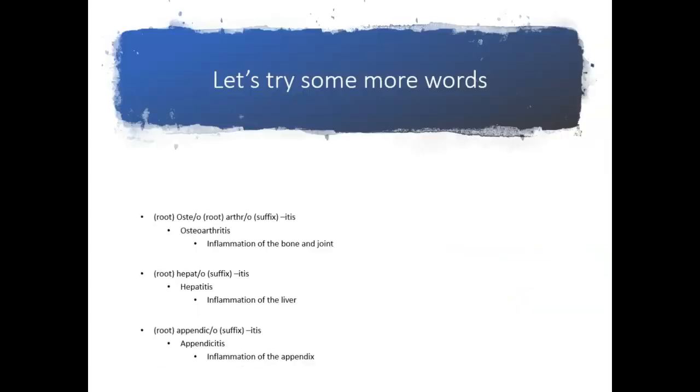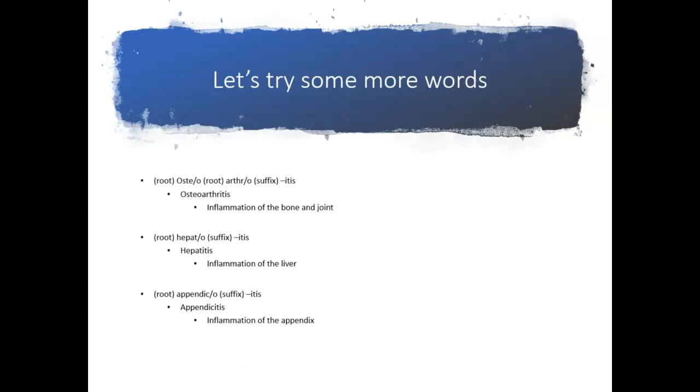Let's try some more words. We have the root word osteo connected to the root word arthro with our suffix itis, creating osteoarthritis, which is inflammation of the bone and joint. We could have hepato with itis, creating hepatitis, which would be inflammation of the liver.